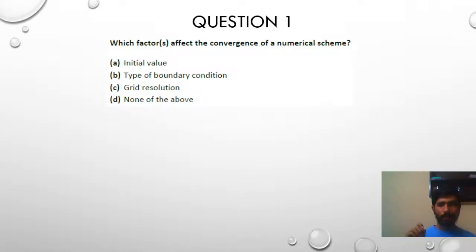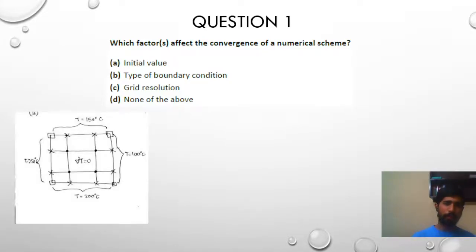Let us see. First, let us come to B, and then come to C, and then come to A also. First of all, it's the boundary condition. If you have a different boundary condition, for example, a constant temperature at all four walls, as you can see here, you do the iterations and you get one particular solution.